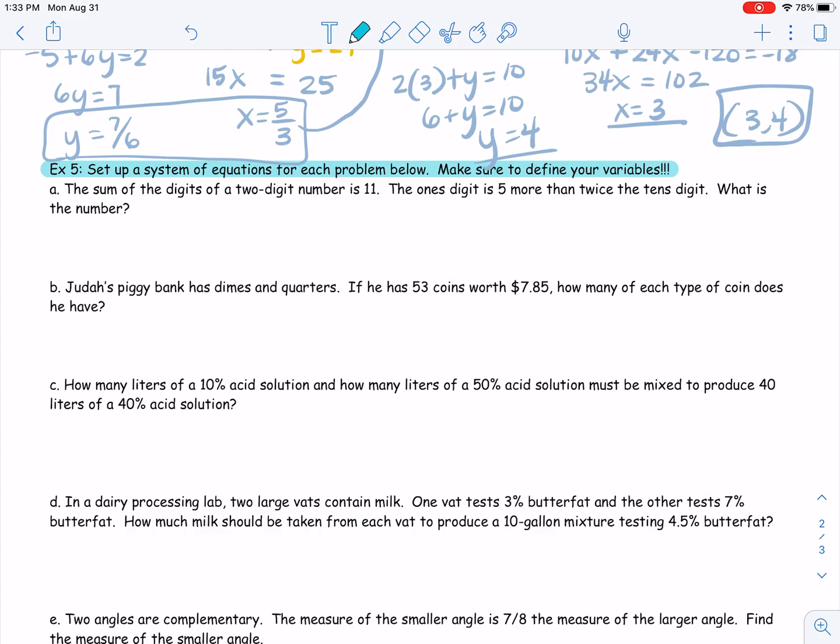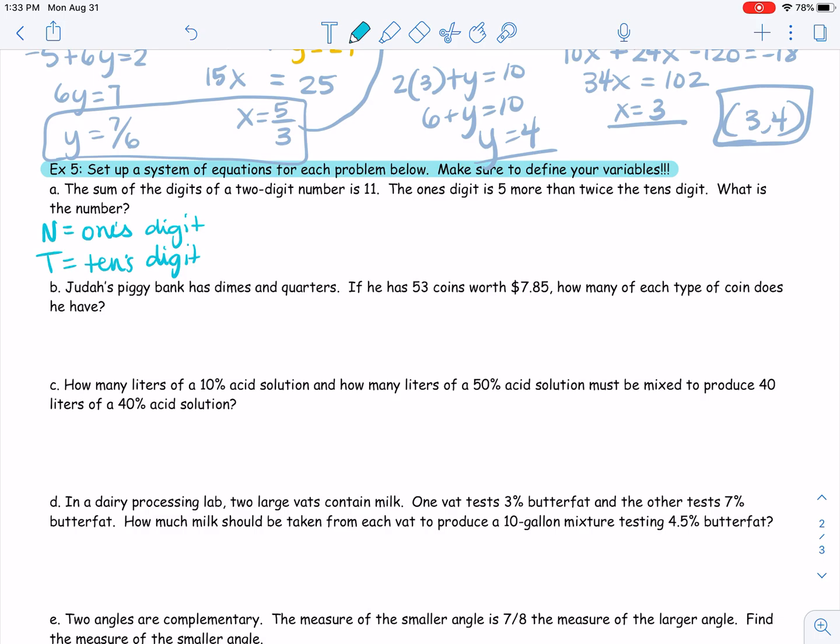So to me, that's a red flag that those should be my 2 variables. I'll do an n for the ones digit, and I'll do a t for the tens digit.